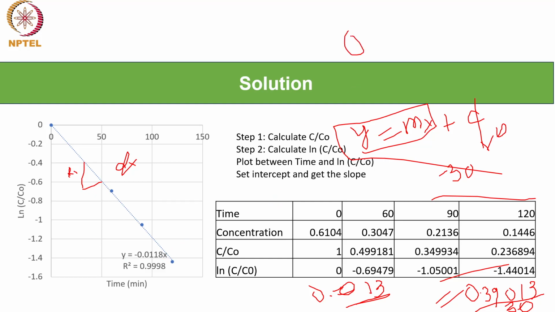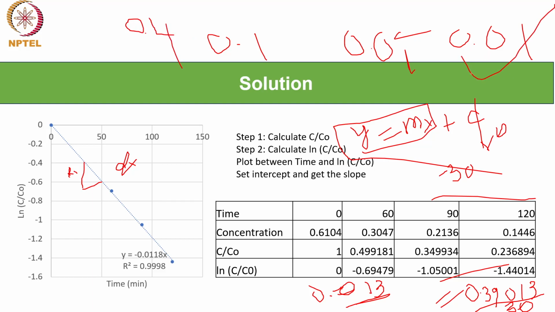See, in the options, if they give 0.04, 0.01, 0.1, 0.4, obviously you will be able to get the approximate value, this one, 0.01.